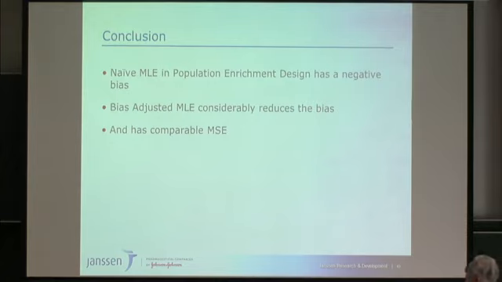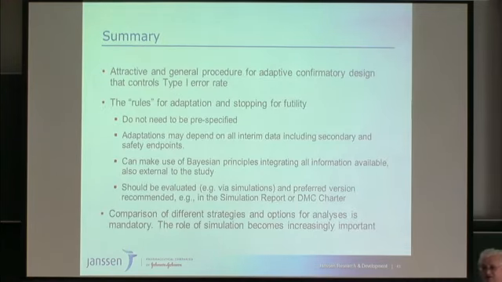Okay, so conclusion: the naive maximum likelihood estimator in population enrichment design has a negative bias. The bias-adjusted MLE considerably reduces this bias and has comparable MSE. And the conclusion in general about this adaptive strategy is that it is an attractive and general procedure for adaptive confirmatory designs that controls the type 1 error rate.